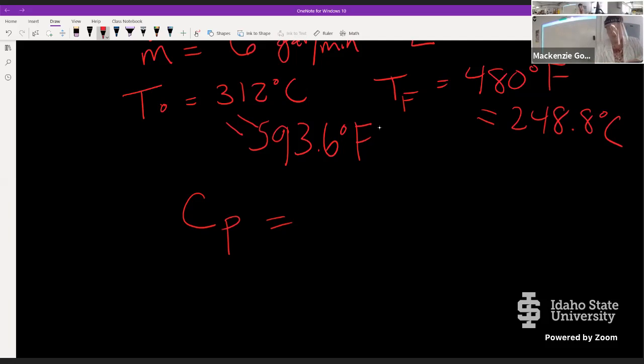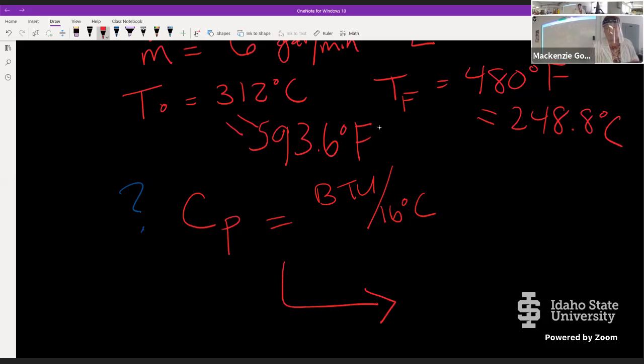I think that it's in terms of BTUs per pound degree Celsius. Don't anybody quote me because I don't have it memorized. But let's say that that's correct.